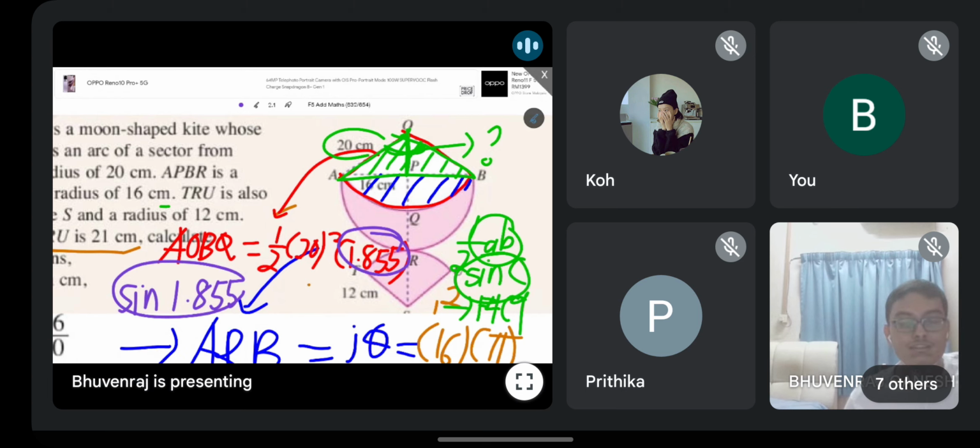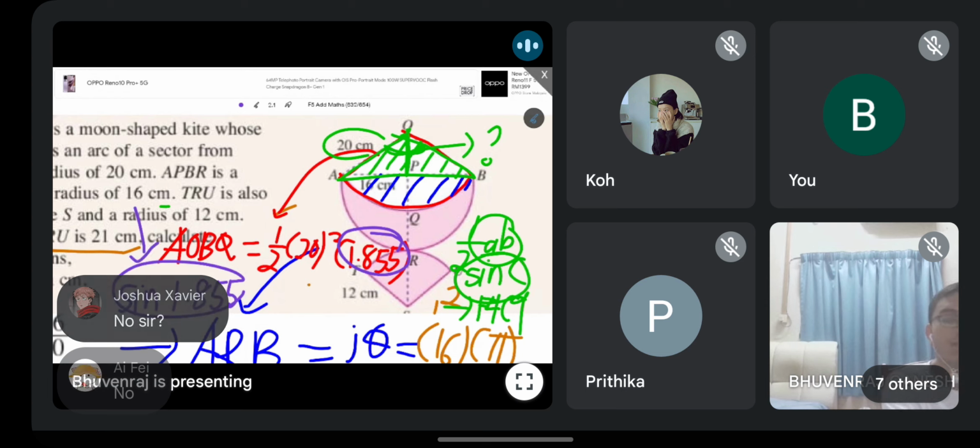What do you say on this? Can I use this or not? What do the rest think? I want to see the majority. Okay, one person put a question mark already. Some more? I want to hear. Can I use sine 1.855?